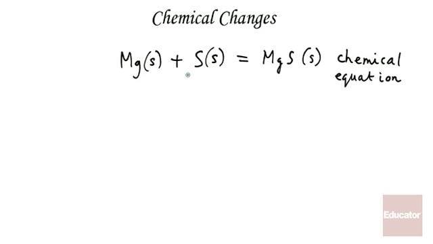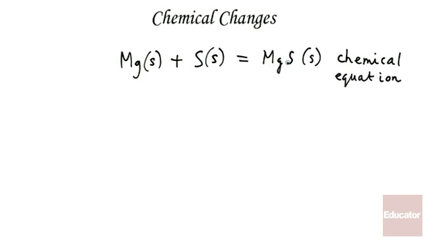Notice, the same terms, 1 Mg and 1 S, come into this equation on both sides. We'll get much more into a dissection of what that means, both in terms of chemistry and also in terms of the quantitative aspects, the mass aspects of chemical equations later on. But for the moment, let's just take this as our first example of a chemical change.